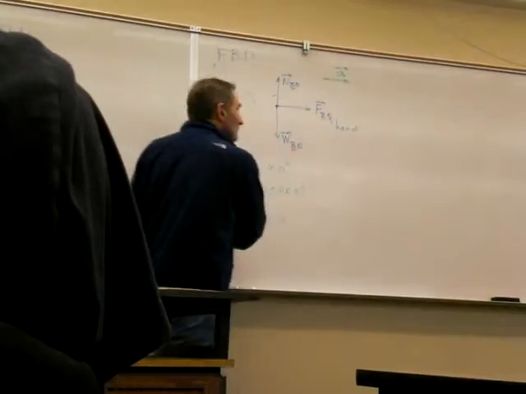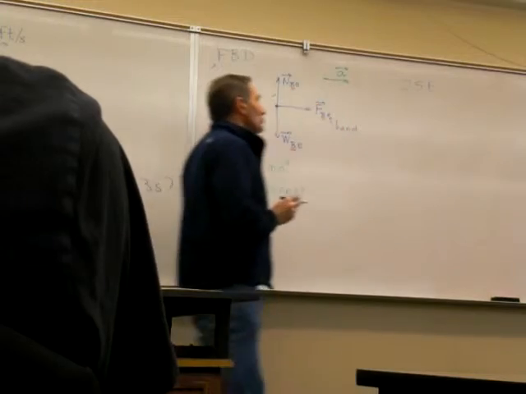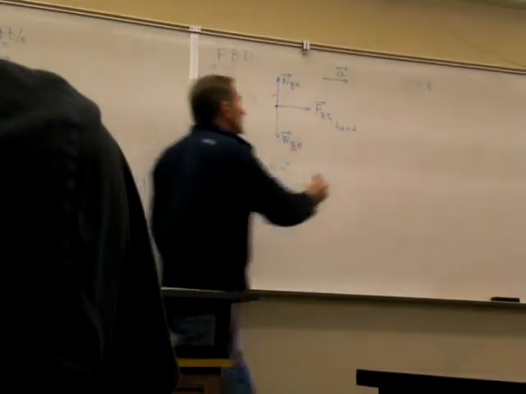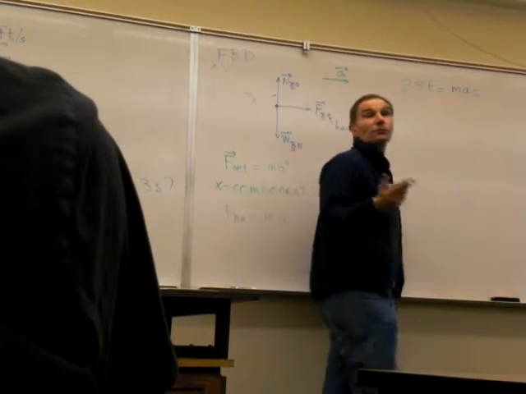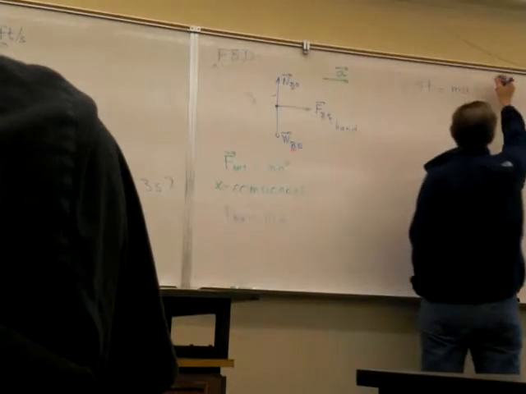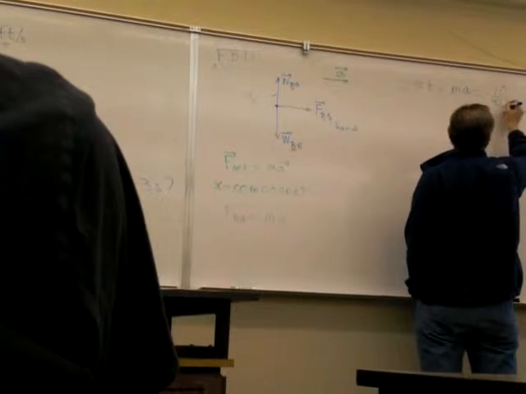So I can say 2.5t is equal to the mass times the acceleration here. A mistake not to make is to say that the mass is equal to 10. No, it's equal to 10 over 32.2.